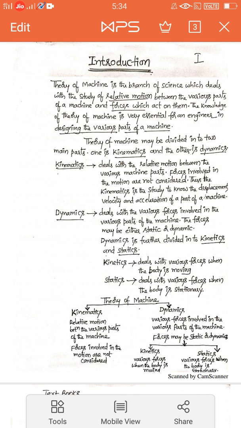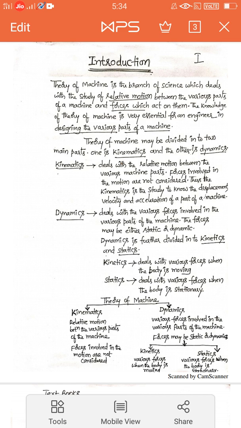Mainly, the theory of machines is divided into two parts. One is kinematics, the other one is dynamics. What I told, the theory of machines is classified or grouped into two main categories.